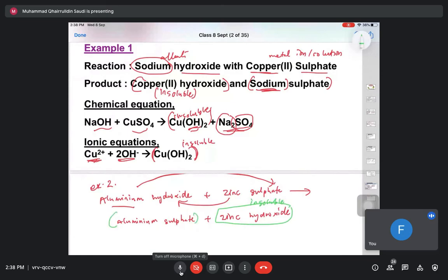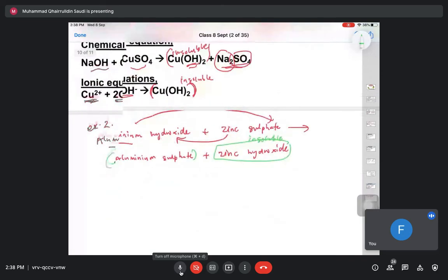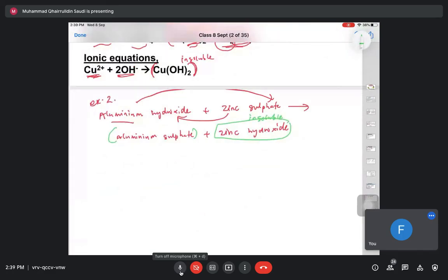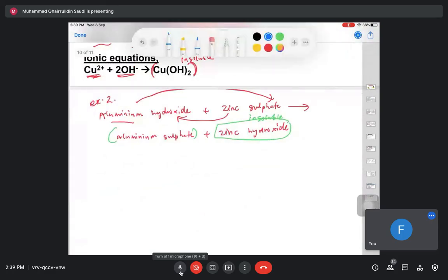So, what else must we do? You should be able to write down the equation as usual. So, aluminium hydroxide is Al(OH)3 plus zinc sulfate, and you will get aluminium sulfate Al2(SO4)3 plus zinc hydroxide, and then you must balance it out.